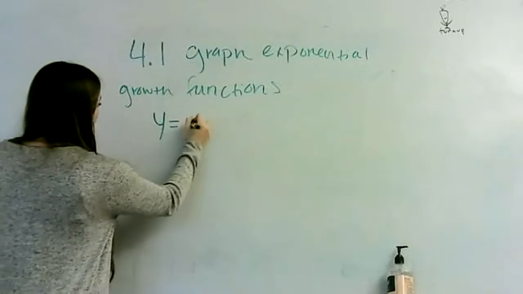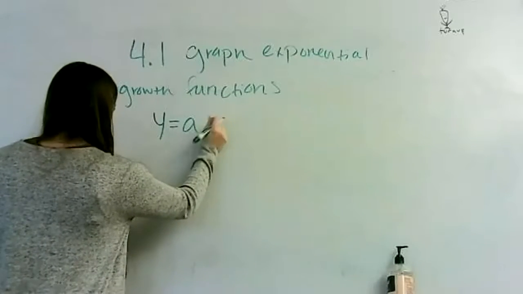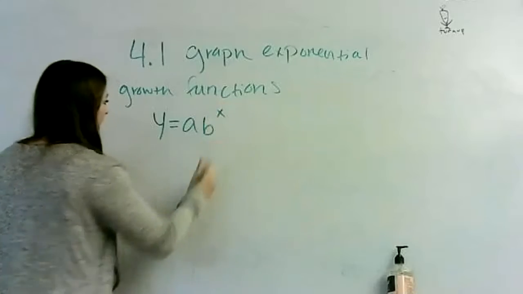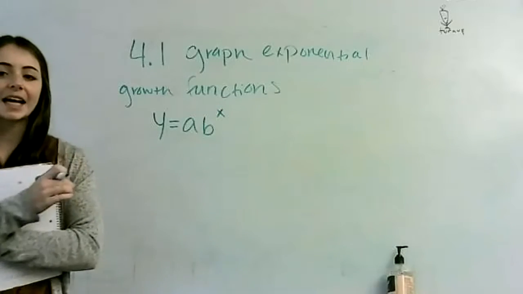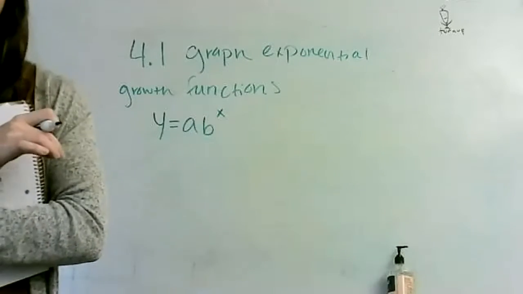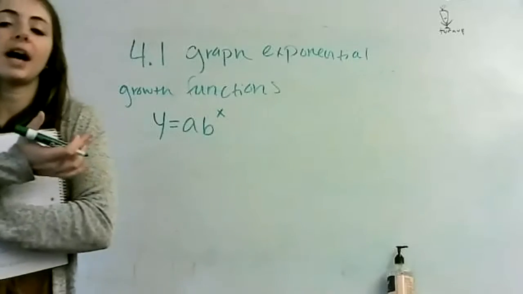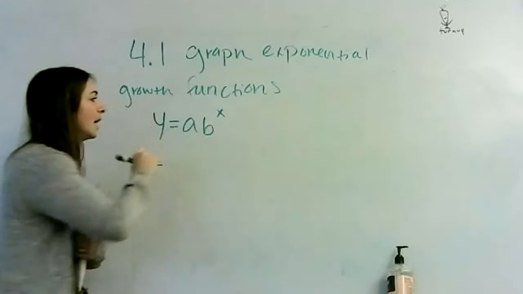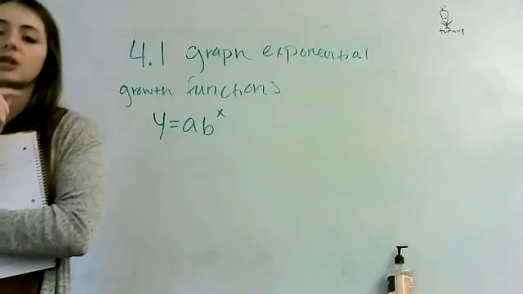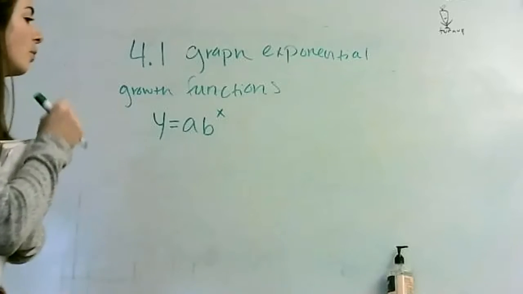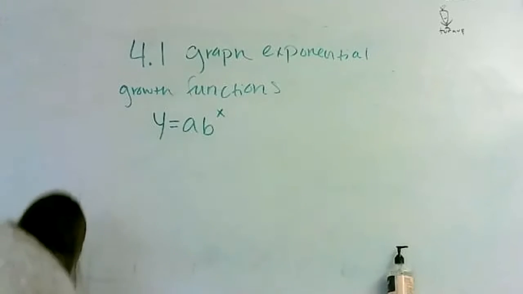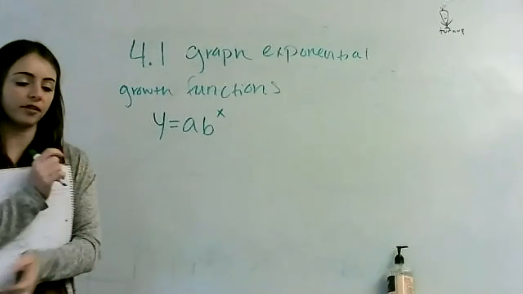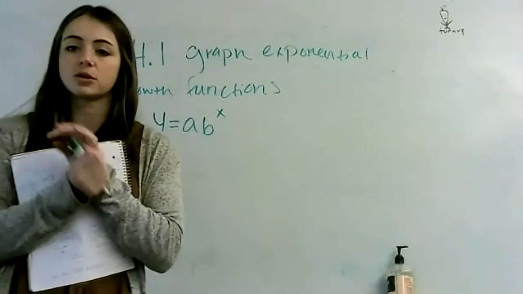So when we think about an exponential function, it's going to be in a form of 2 numbers multiplied together with an x in your exponent. So why do you think they're called exponential functions? It's because your variable is in your exponent. Anytime that we are discussing the name of a function, a quadratic function is because the variable is being squared.